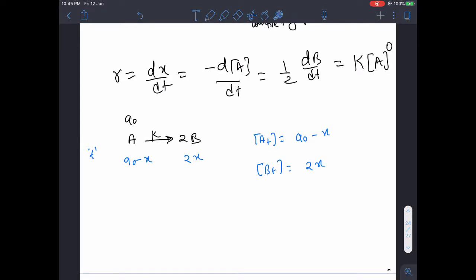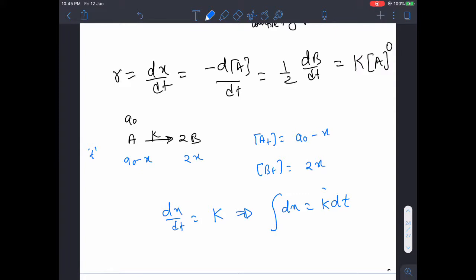So, let us equate dx by dt with rate. So, dx by dt is nothing but K into A to the power 0, which means 1, implies dx is equal to K dt. From here, you need to understand one more important thing, guys. Whatever the differential part d is there, here we have t and here we have x, limit is always placed for that variable.